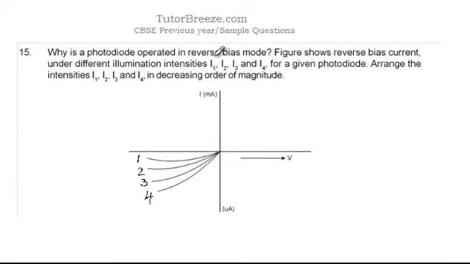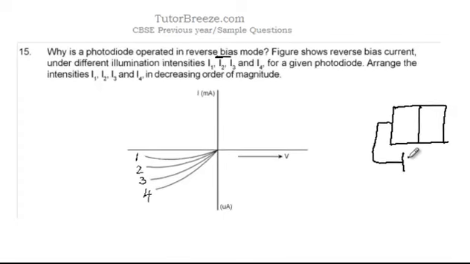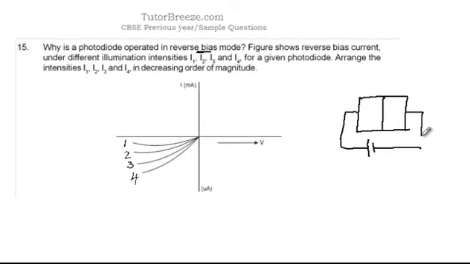A photodiode is operated in reverse bias mode so that the change in current due to the optical signal can be detected. For instance, if you have a PN diode and say this is forward biased, then the current flowing through this would be in milliamperes.